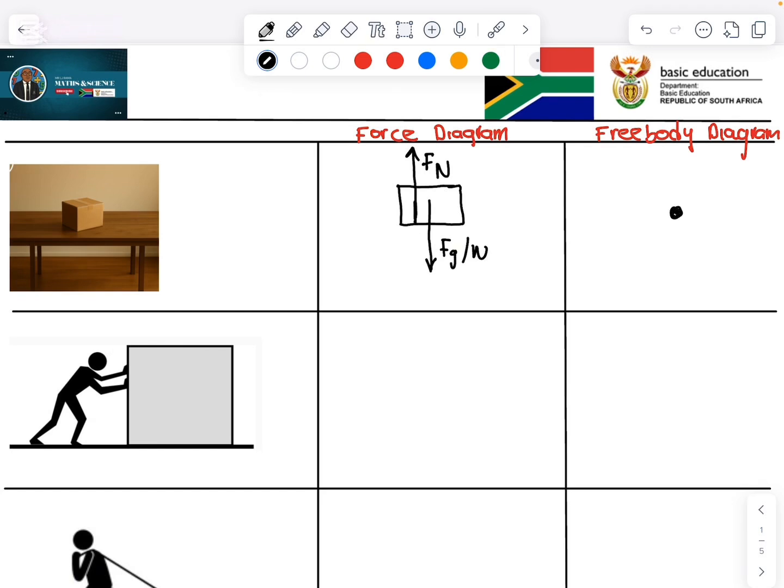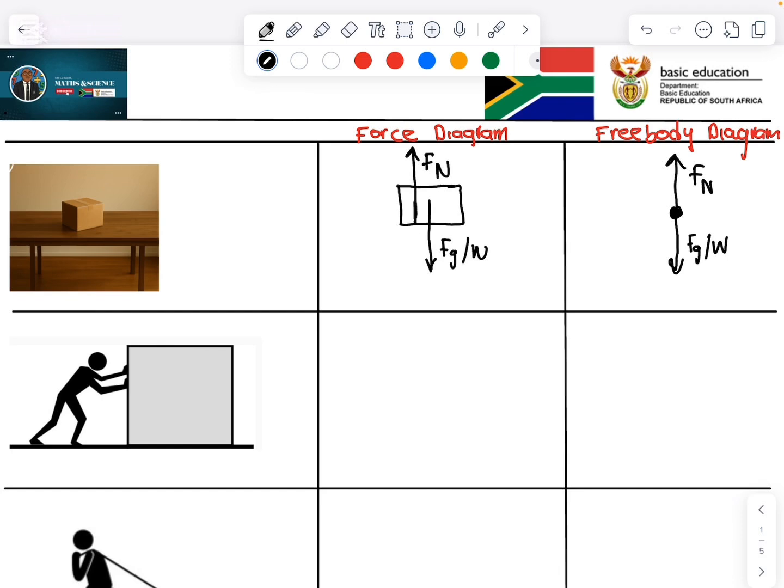So you sketch the dot first, and then you put all the forces that are acting on the object. Again, we have the weight, so you put your weight first. We know weight acts downwards, or sometimes you can say W. And then you also have the normal force, which is the force that is acting perpendicular to the surface. Okay, so that is it.